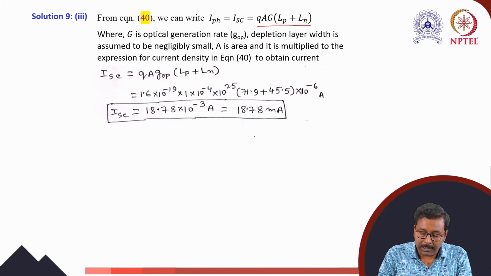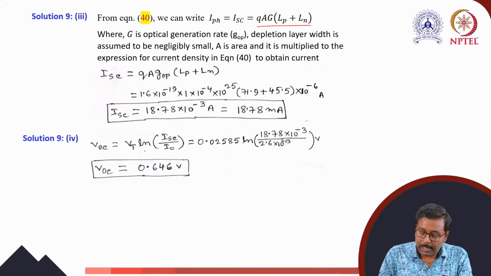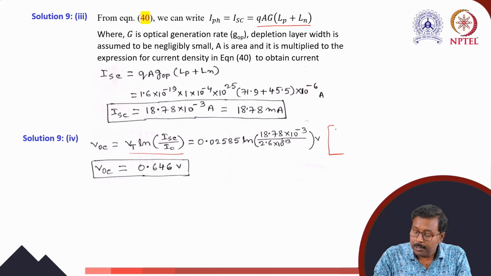And the fourth part, Voc. The formula is Voc equals VT ln of 1 plus Isc by I0.